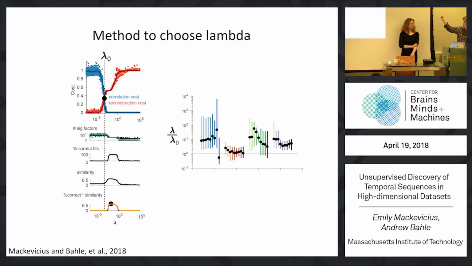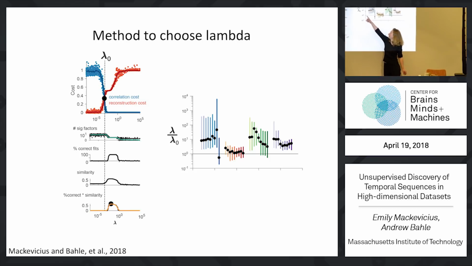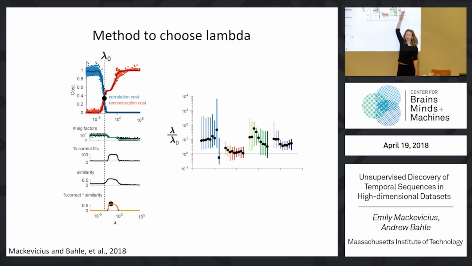And here the bottom and the top of the colored lines show the half maximum crossing for this similarity correct fit score. So the basic intuition is if you try lambdas somewhere around 2 to 5 lambda naught, then you should be able to see the right answer.